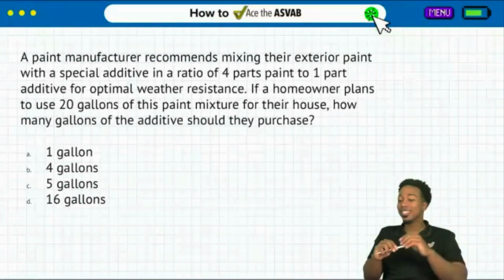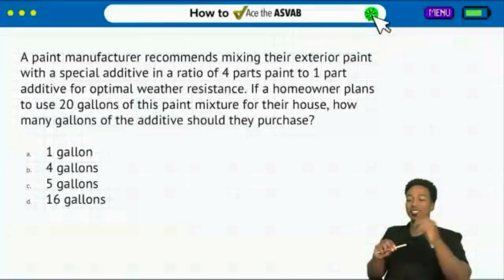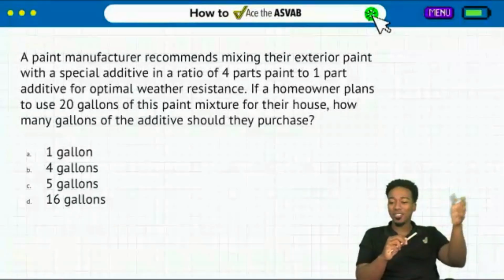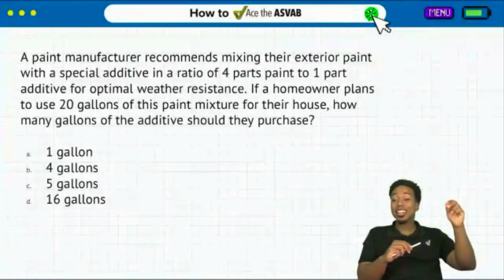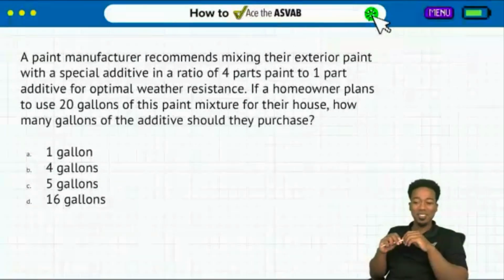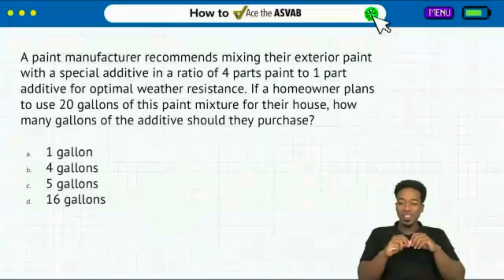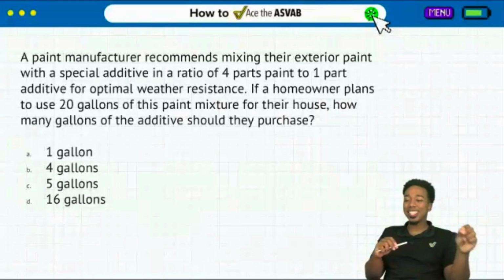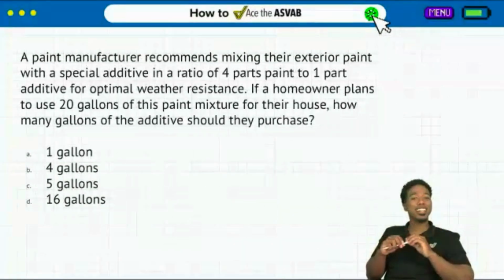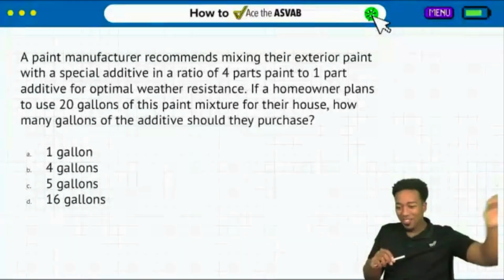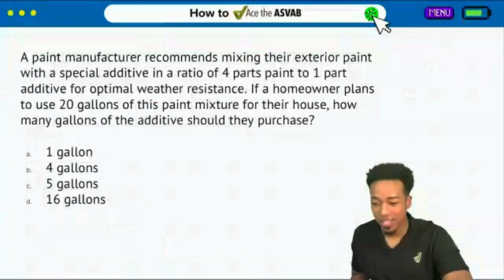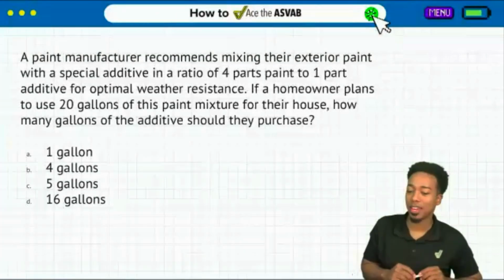Compare the same what in the what? Give me the complete sentence. Compare the same things in the same way. Okay, so looks like we're back on board with that.